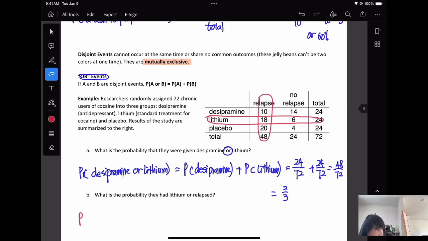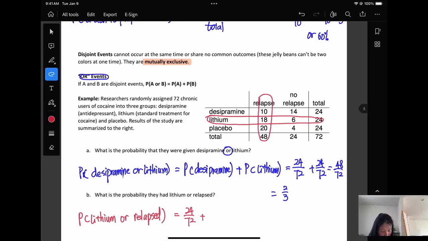Well, in this case, people who took lithium or relapse. The total number of people who took lithium is 24 out of 72.